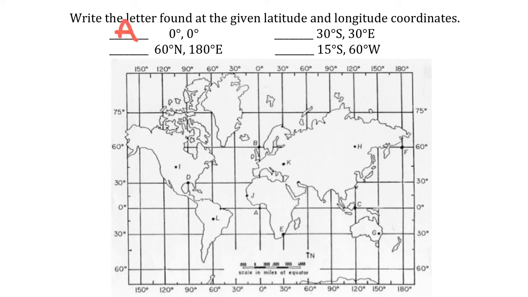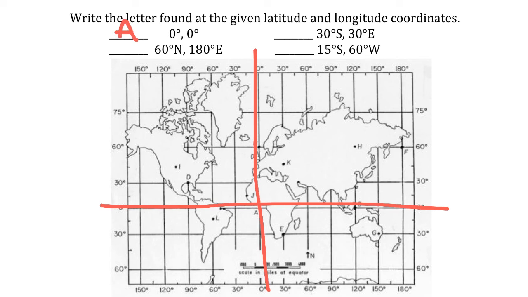So hopefully you figured out that that was point A because it is exactly on the equator, which is right here, and it is exactly on the prime meridian. All right, let's try the next one. We're going to go right underneath that for 60 degrees north and 180 degrees east.